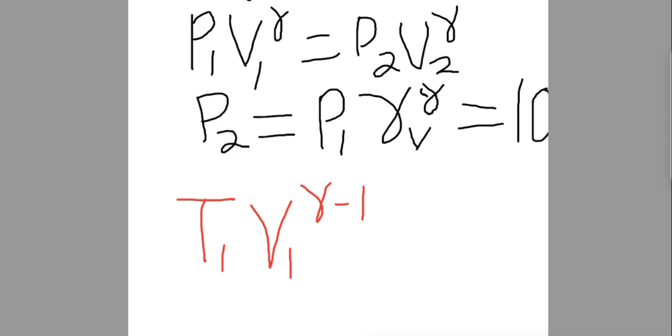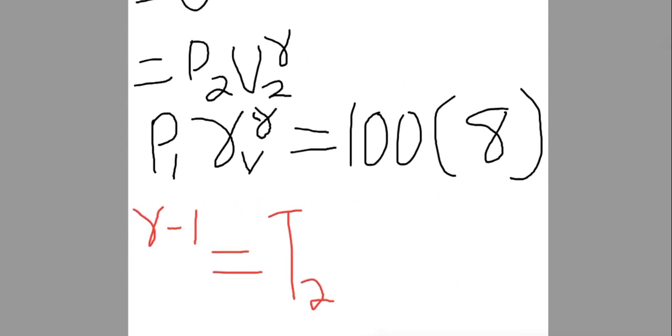This is going to be equal to T2 V2 raised to power gamma minus 1. So now that is going to be our formula.